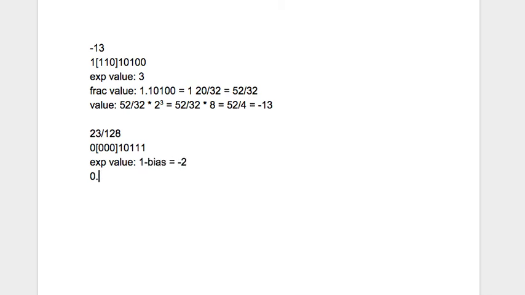Fractional bits, we take that, the fractional bits of 1, 0, 1, 1, 1, we convert that into a fractional value by applying a 0 point in front. And then to convert that to base 10, we take the value of the fractional part, 1, 0, 1, 1, 1, treat it as a whole number, which is 23, divide it by 2 to the 5th, because there were 5 places after the point.